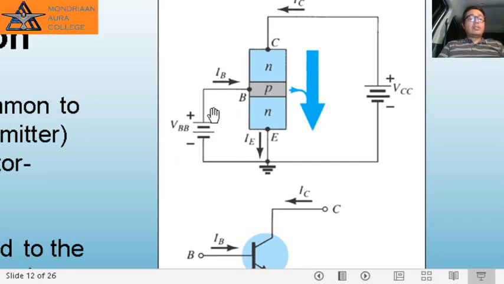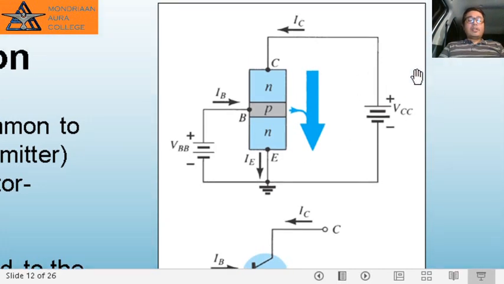Ibig sabihin yan, it's an external power supply na konektado sa ating base and then yung negative ay connected sa ating ground. For this one, we have VCC or V sub CC. Ibig sabihin yan, this is an external power supply that is connected to the collector, and then yung negative ay konektado sa ating ground.